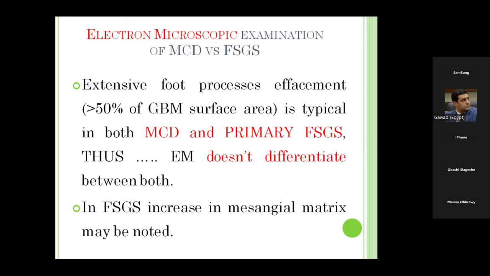We should see a segmentally sclerosed glomerulus under light microscope to say that it is focal segmental glomerulosclerosis. Okay? Is it clear? This point needs to be clear in our minds, especially in the minds of our junior colleagues. Electron microscope does not differentiate between minimal change disease and primary focal segmental glomerulosclerosis regarding the extent of effacement.